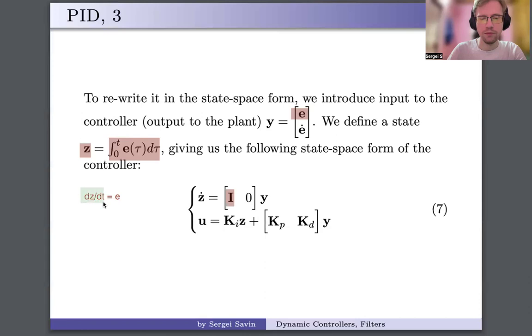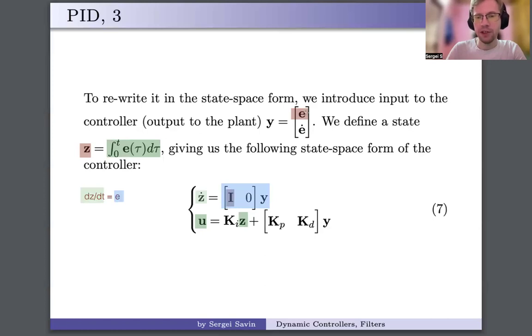So this is this, right? And that is that. Okay. Now our controller becomes quite simple in description. It is U equals Ki times Z, which is, this is Z, right?